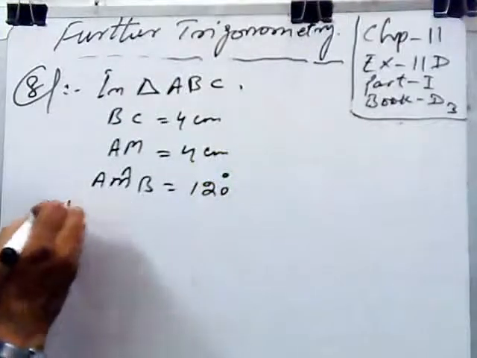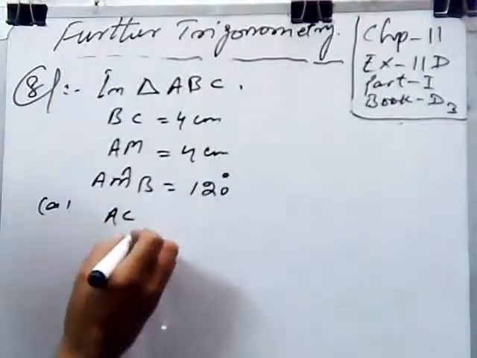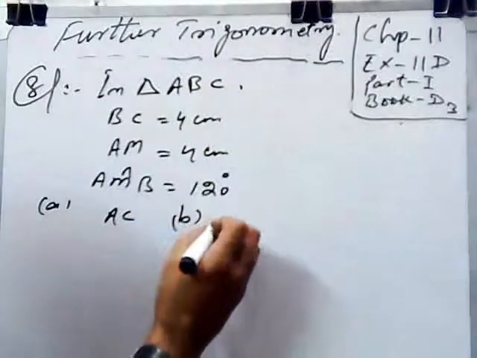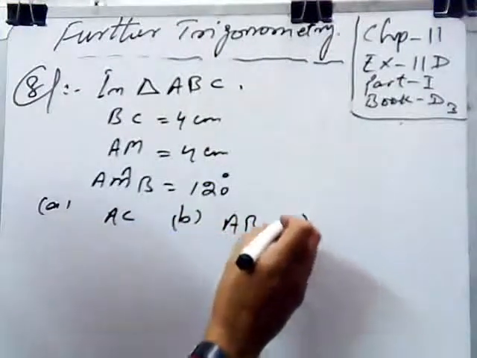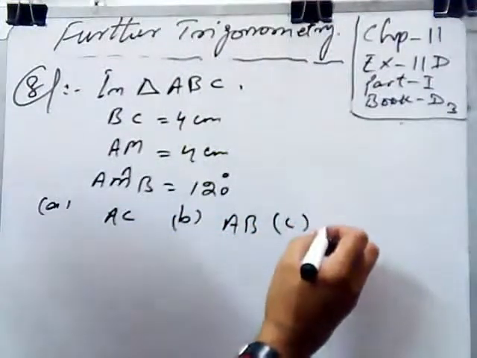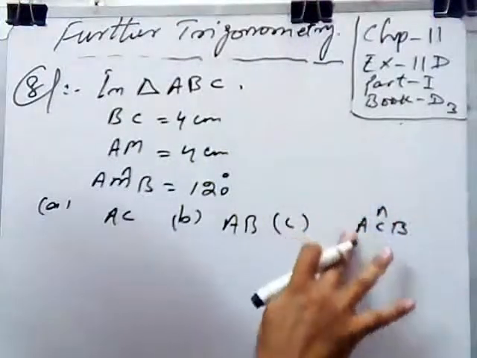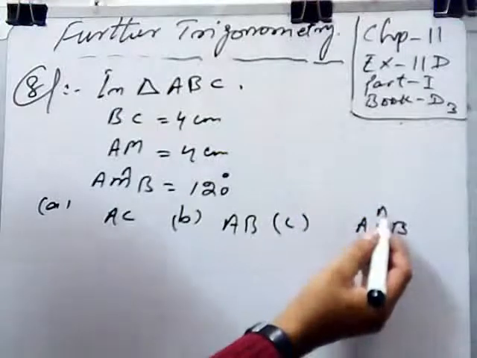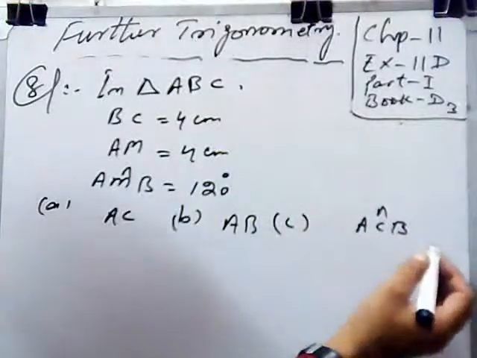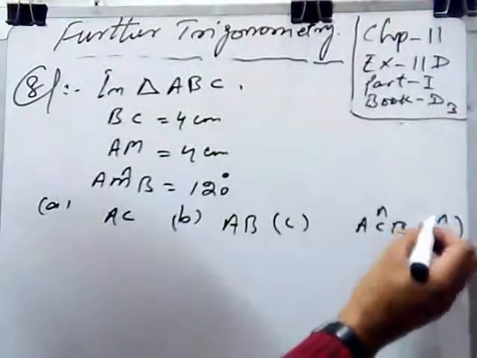Calculate AC. In part B we have to find AD, and in part C we have to find angle ACD. So put the sign of angle there because we need C.